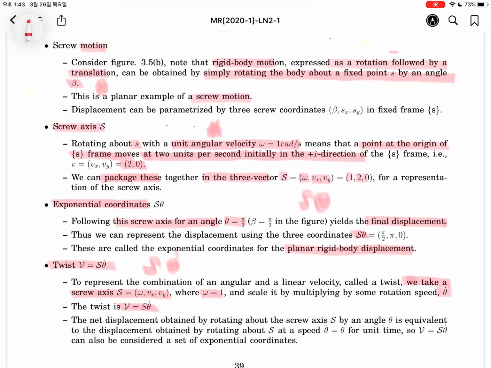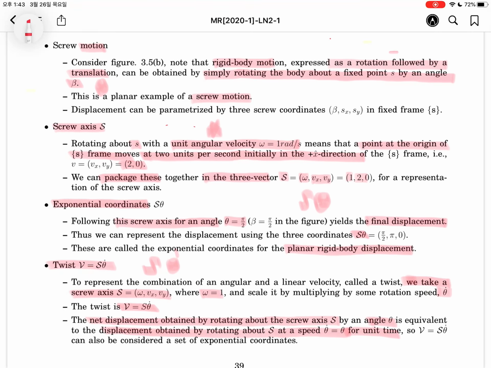Okay. Actually, the net displacement obtained by rotating about the screw axis by the angle theta is equivalent to the displacement obtained by rotating about S at the speed theta dot, as theta per unit time. Okay, let's assume 3 radians per second. It can be interpreted as 3 radians per 1 second.